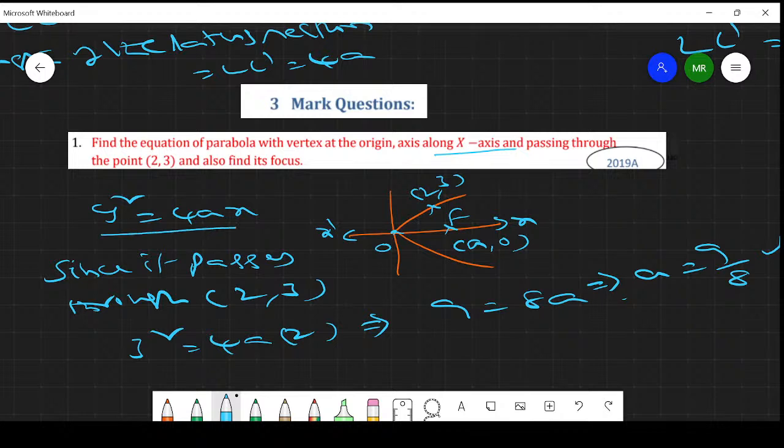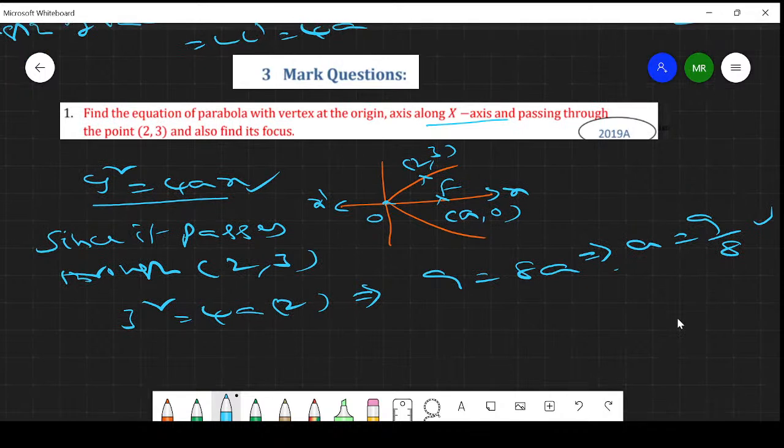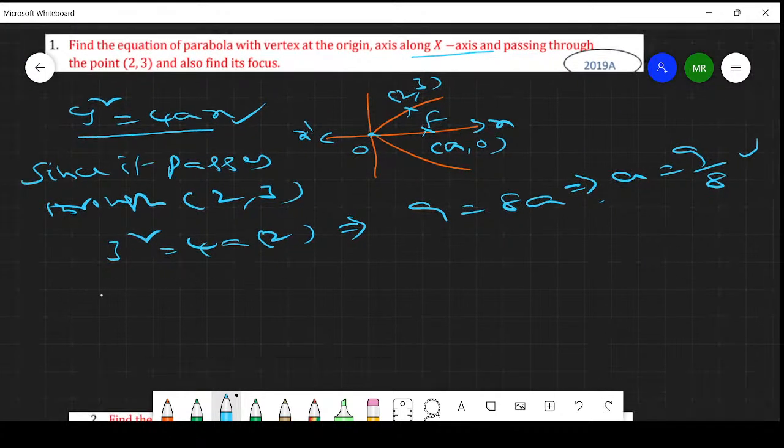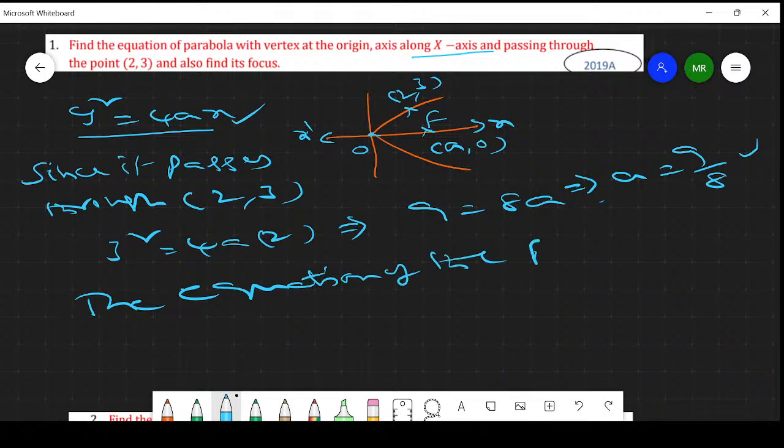Then this is the equation of the required parabola. Therefore, I can conclude now: the equation of the parabola is y square is equal to 4a, and we want the value of 4a, which means 4 into 9 by 8 into x.